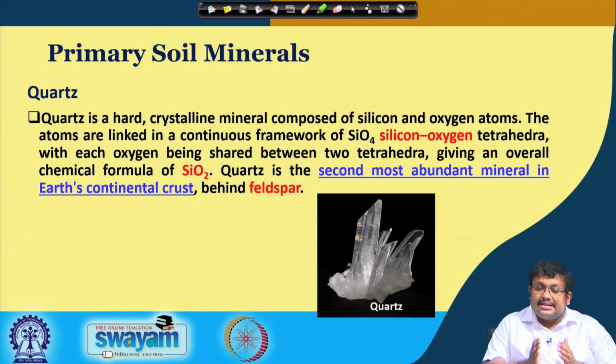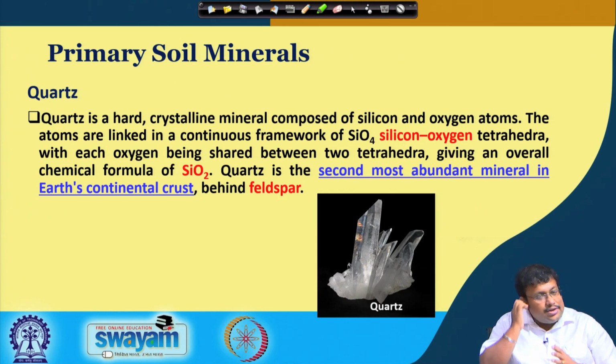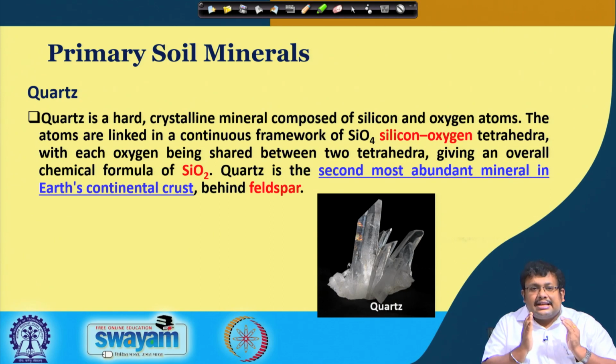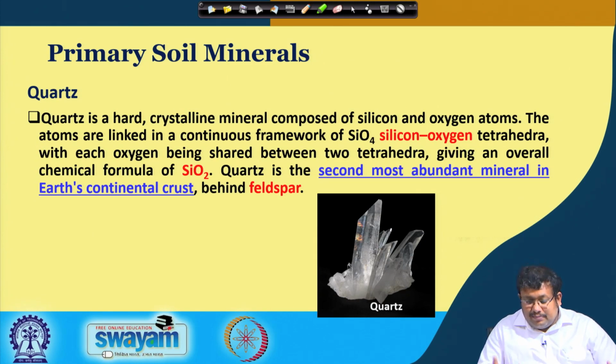We discussed this tectosilicate structure in our last lecture when we discussed the classification of soil silicates. Quartz is an example of a tectosilicate, which is a 3-dimensional and stable structure. Quartz is, as I have already told you, the second most abundant mineral in the earth continental crust behind the feldspar. This is an example of the quartz mineral.